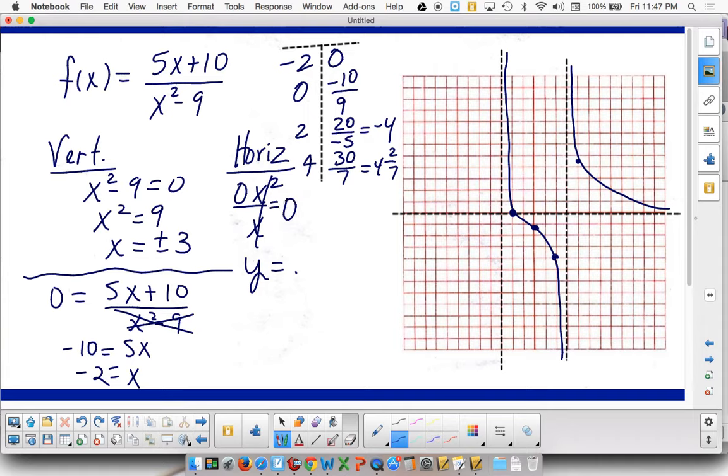And so I would go ahead and plot, say, negative 4. And if I stick negative 4 in this function, negative 4 on top, negative 20 plus 10 would be negative 10. Negative 4 here would be 16 minus 9, or 7.